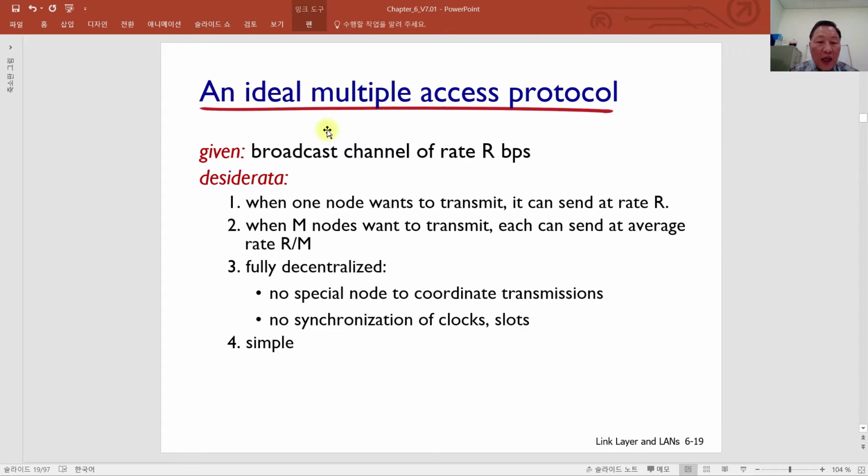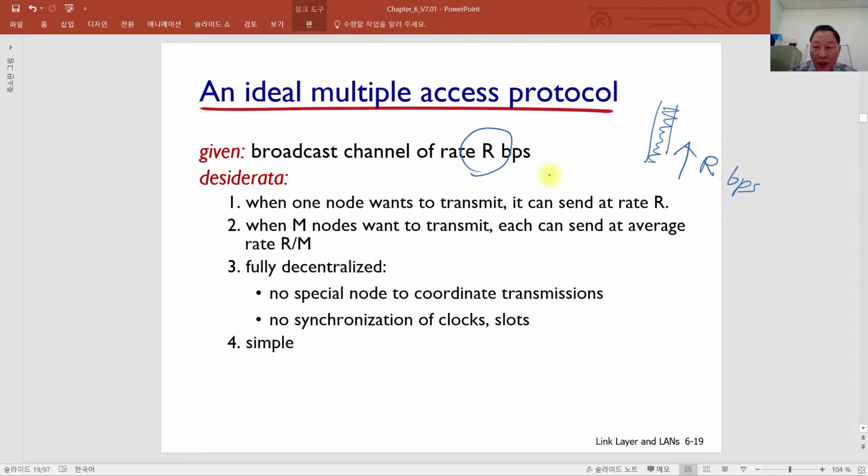Let's look at the ideal multiple access protocol. This is the given assumption. A broadcast channel of rate R bps. We have a channel, and that can send at a throughput of R bps.